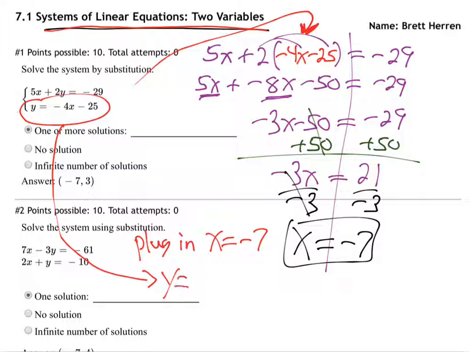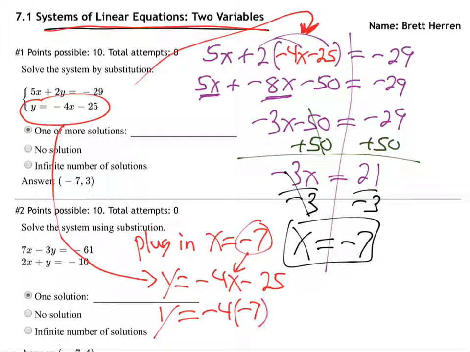It says y equals negative 4x minus 25. Take that negative 7, plug it in. I grab the one where y is already alone since I'm looking for y. So negative 4 times negative 7 minus 25, that's what? Plus 28 minus 25. So y is 3.